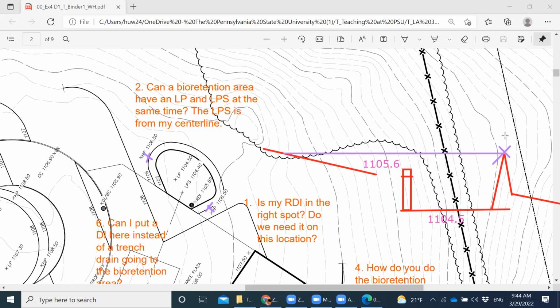You could say this is 105.6, 106 here, and you could say this is 105.9. What I'm trying to say is, if you want to create a 1106 for your high point, your high point definitely doesn't need to be 1106.50, because that's 1 foot above the edge. So what we're trying to create is some sort of this scenario.